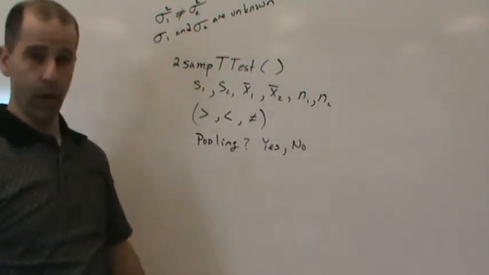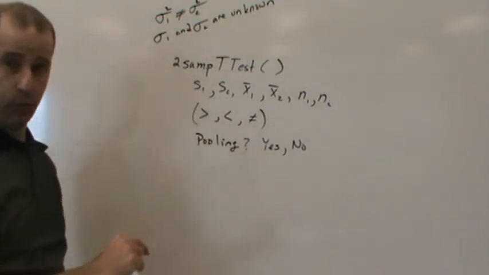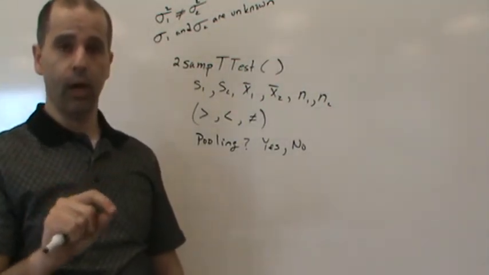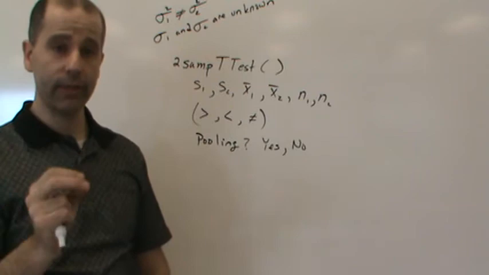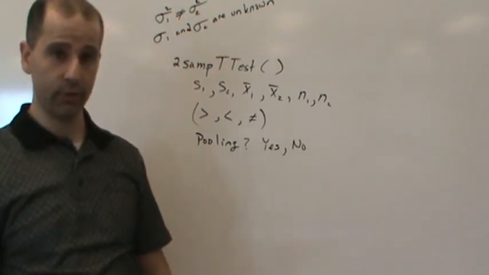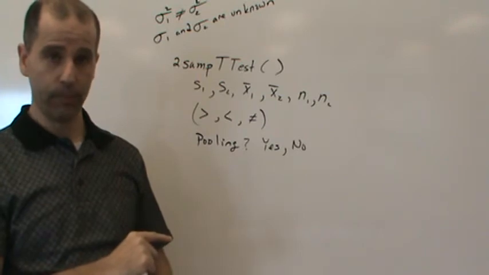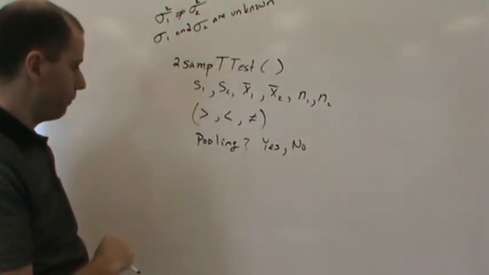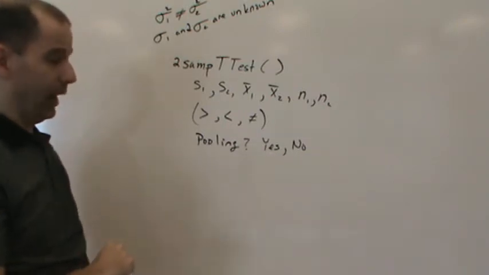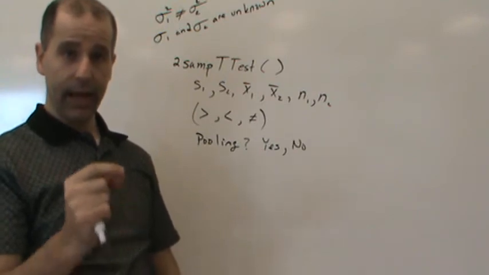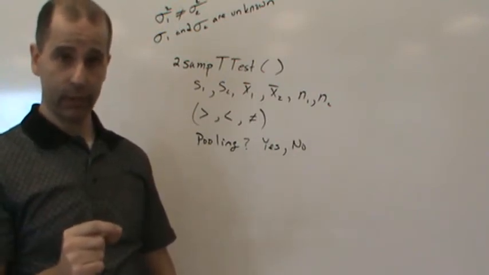So the answer would be no. So in this case that I just went through, that's under the assumption that we're not going to pool, or the assumption that the variances are not equal. So we are not going to assume that the variances are equal for right now. In that case we would say no, and then it'll calculate the correct t statistic and the correct degrees of freedom.